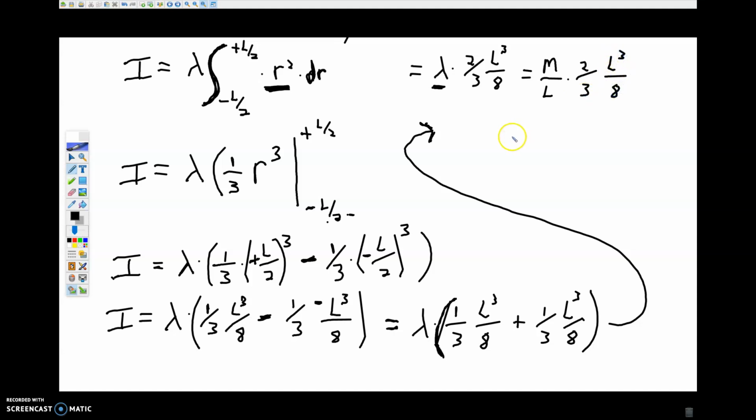So the moment of inertia ends up equaling: one of these L's is going to cross out with one of those, leaving 2. And then this 2 is going to cross out that 8 to a 4. And then 3 times 4 is 12. So we're going to be left with 1/12 mL squared.